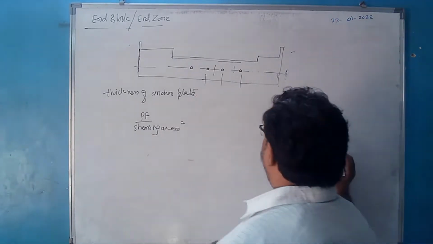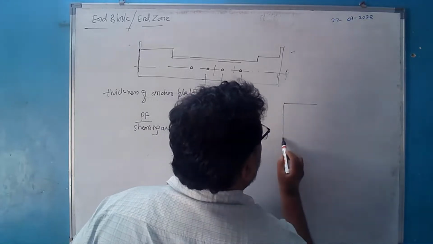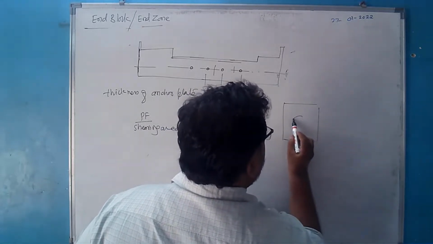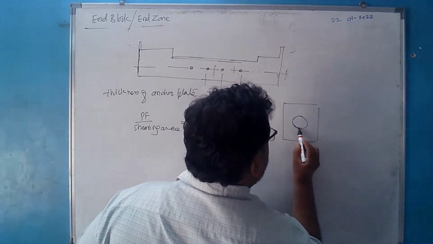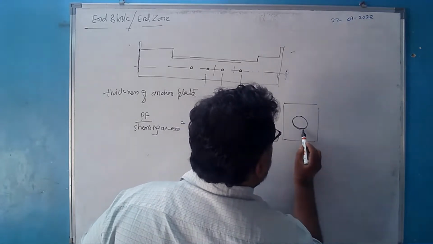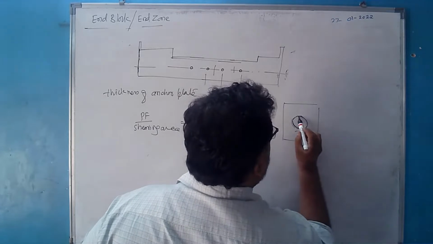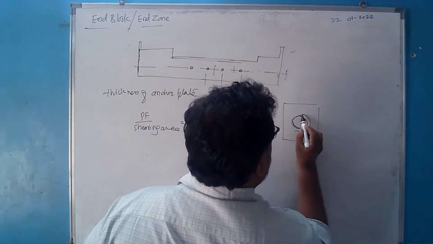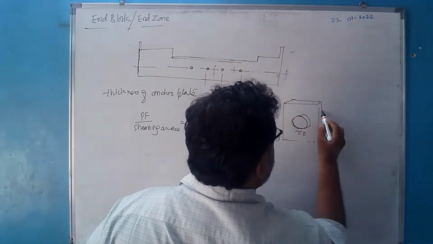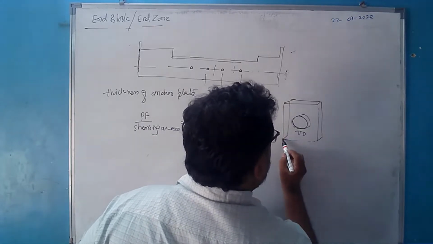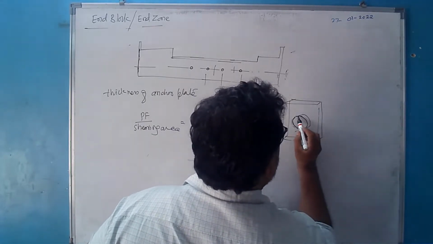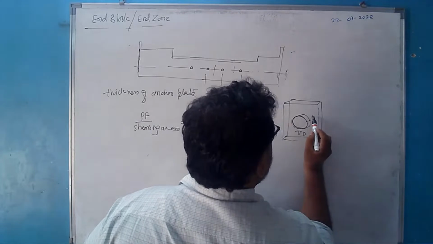How much is that shearing area? See, this is the anchor plate. Here is the duct. So whatever this diameter of the duct, on the basis of that, we will get the value of pi d, the circumference multiplied by the thickness, whatever is the thickness of this plate. So that will give us the shearing area.